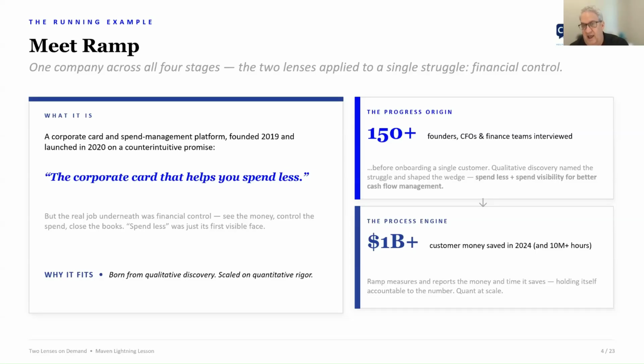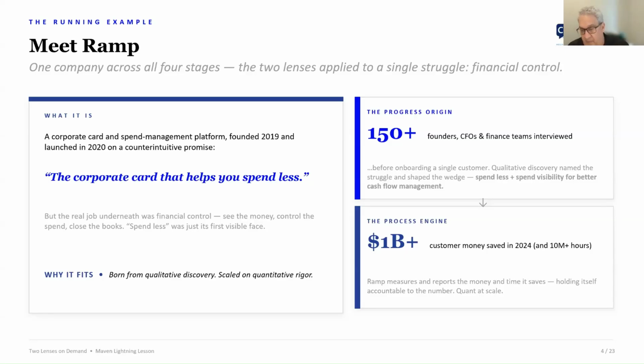Now, they didn't arrive at that of their own doing. They originated their company by interviewing 150 plus founders, CFOs, finance teams, and so forth to arrive at that core insight or understanding of a target market, a very unique need that they felt they could position and build product for to support their business growth as a startup.